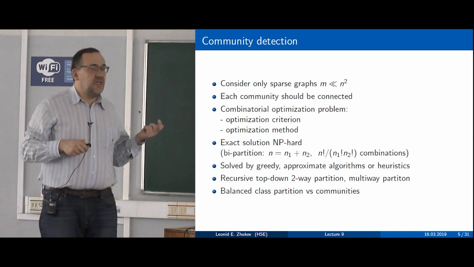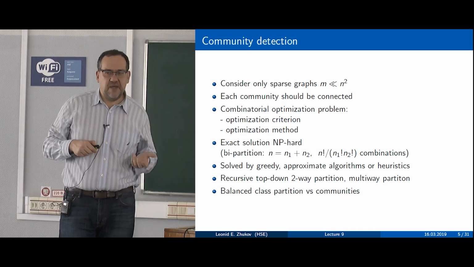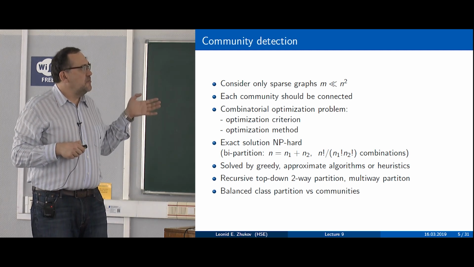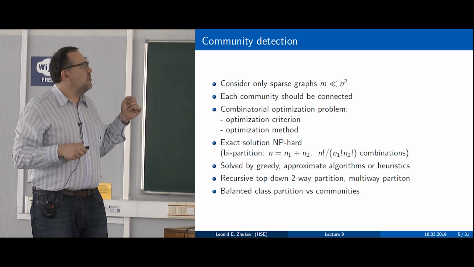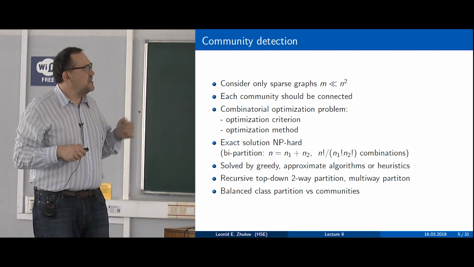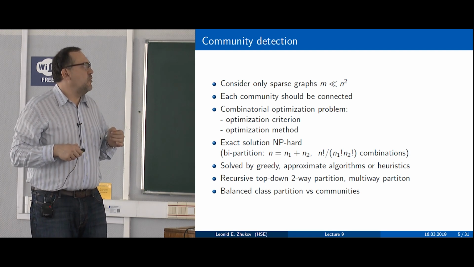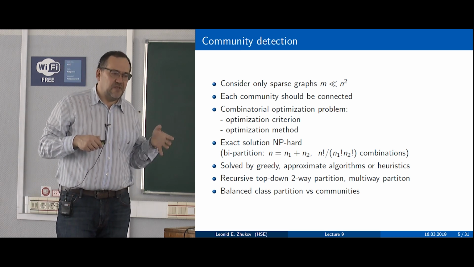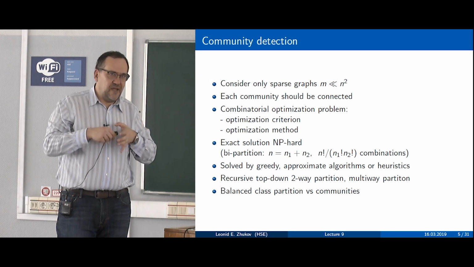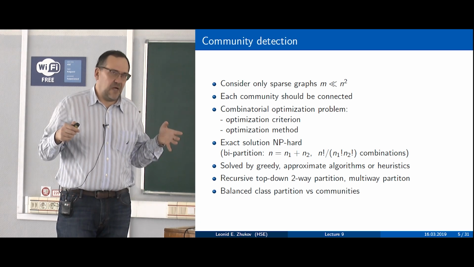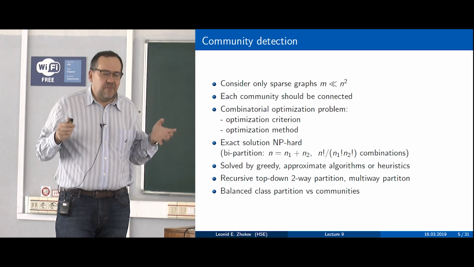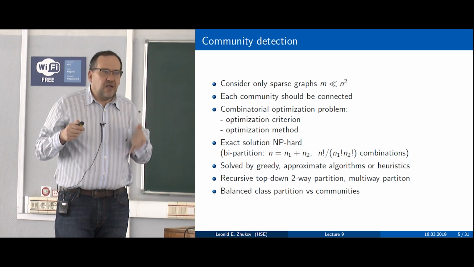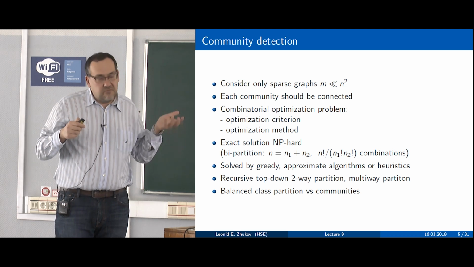So what we're going to do is try to approximate this, either by approximating algorithms or by choosing particular criteria that are easy to optimize, or maybe using greedy methods. Greedy methods means that when we have a criterion, we're not going to try to find the global minimum or global maximum, but we'll restrict ourselves to a local minimum or local maximum, which might not be the best, but is possible.